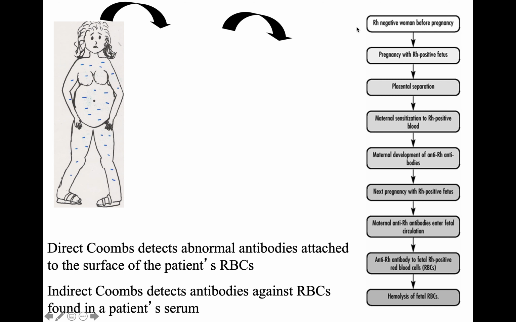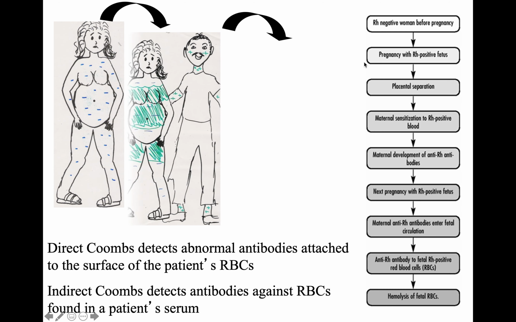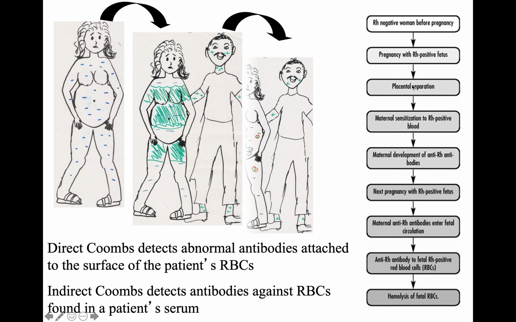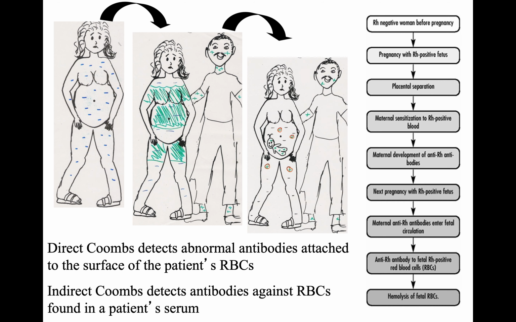So here we have an Rh negative woman before pregnancy, and then an Rh positive fetus. We've got placental separation, and we've got maternal sensitization to the Rh positive blood in here. Maternal development of anti-Rh antibodies because it doesn't recognize it, it's foreign.